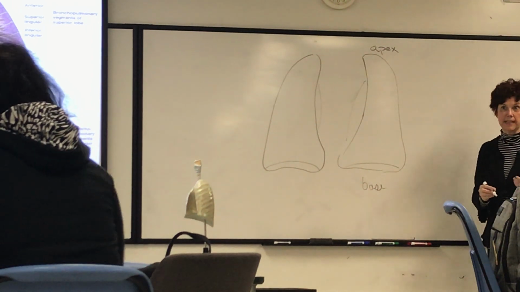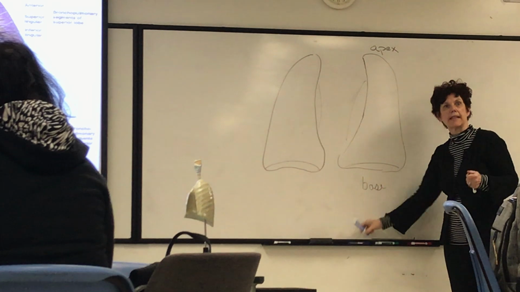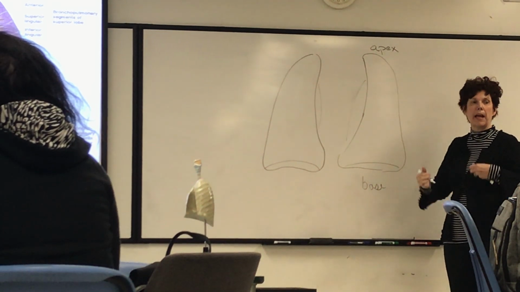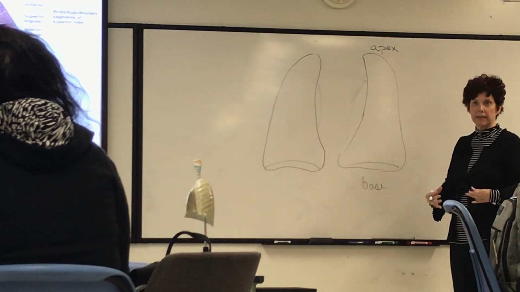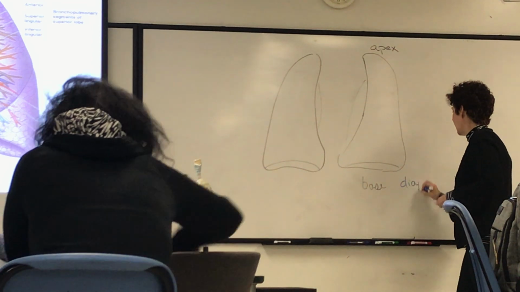Then we have the surfaces. So we have an alternate name for the base as a surface. It's facing the diaphragm and can come in contact with the diaphragm if you take a really deep breath to fill the air up with blood. So it's also known as the diaphragmatic surface.